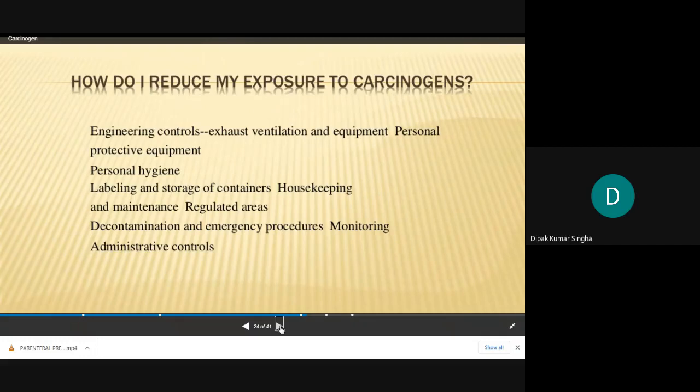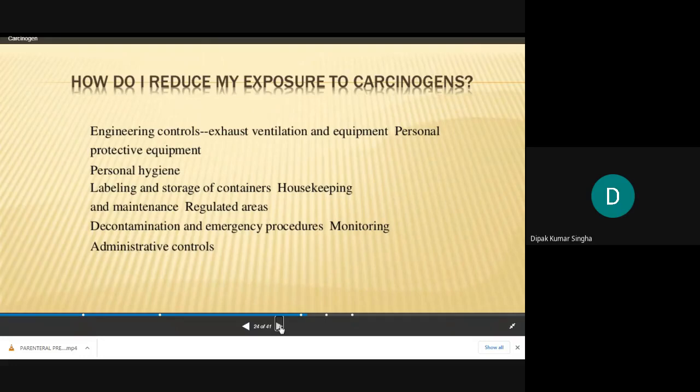That means prevention: if you work in the radiation industry, or in an asbestos or coal industry, how will we prevent or control exposure? Through exhaust ventilation, equipment, and personal protective equipment. If workers are not exposed, there is minimum exposure, so you can apply engineering controls, and the company as well as personal protection will mean less chance of exposure and less chance of cancer.